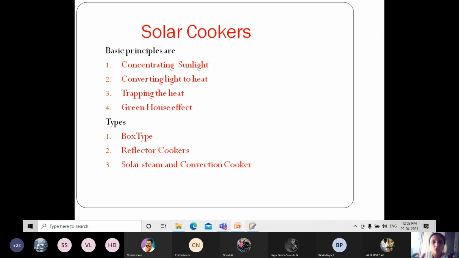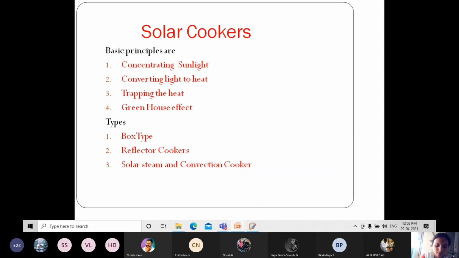Okay, this is converting light to heat. They may use a black coating, or a low reflective surface on the food container or inside the cooker. That will improve the conversion of light to heat.